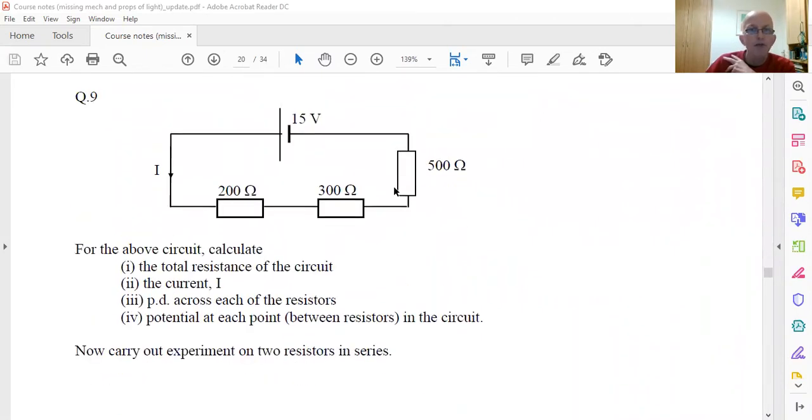Yeah, bottom of page 20, we have a circuit there with a 15-volt power supply, or 15-volt battery, probably a battery pack, connected to three resistors in series. How do I know they're in series? Because the same current is going to flow in turn through each resistor. So once I know that it's a series circuit, I know I have the equations to sort it out.